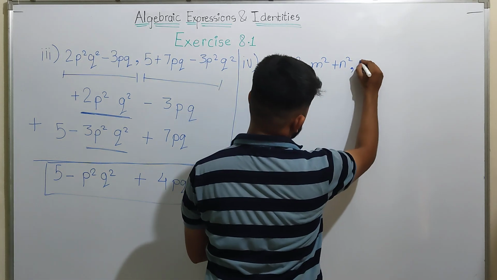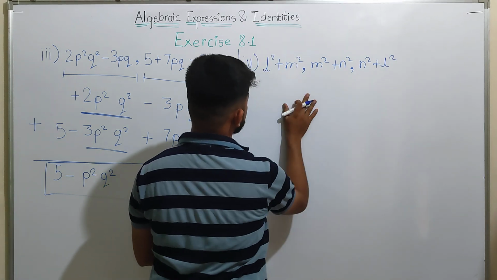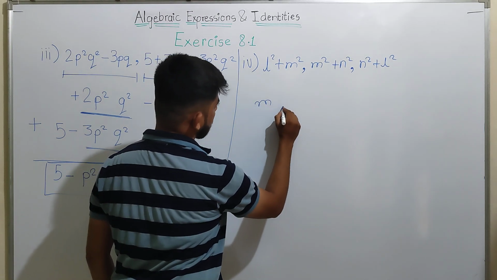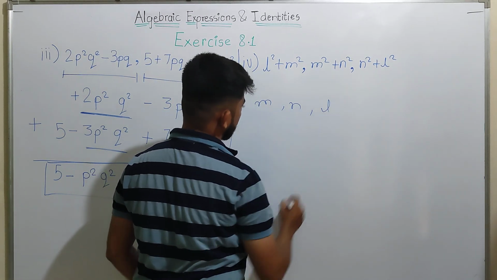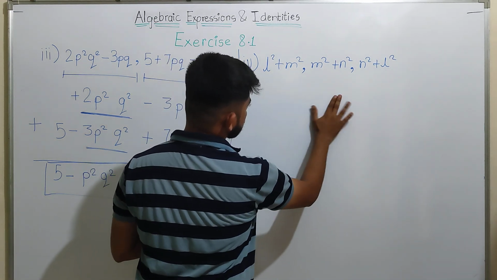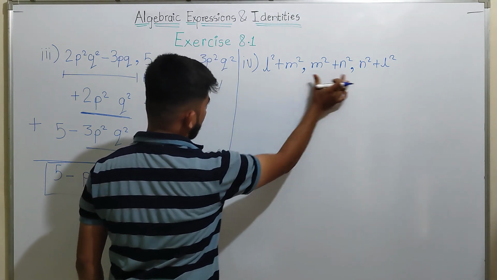The second term, n² plus l². So these are the three terms. Now see here, we have m, n and l. The three terms are mentioned in the question, and we have to add these three terms.